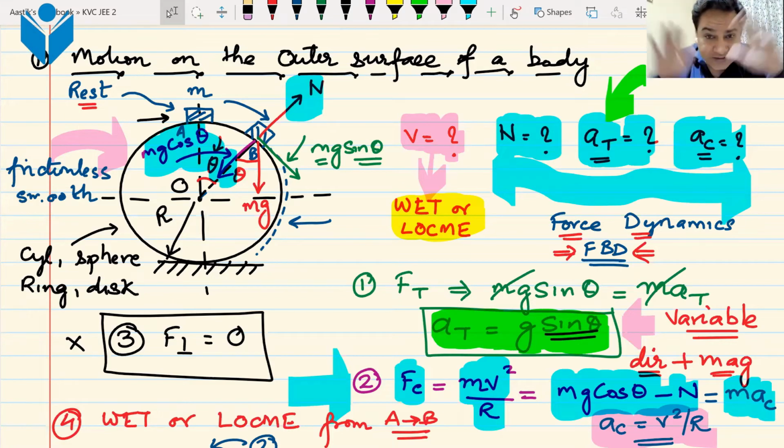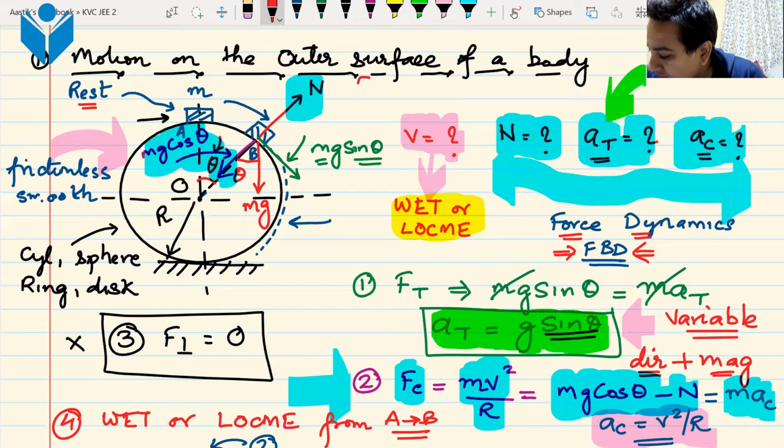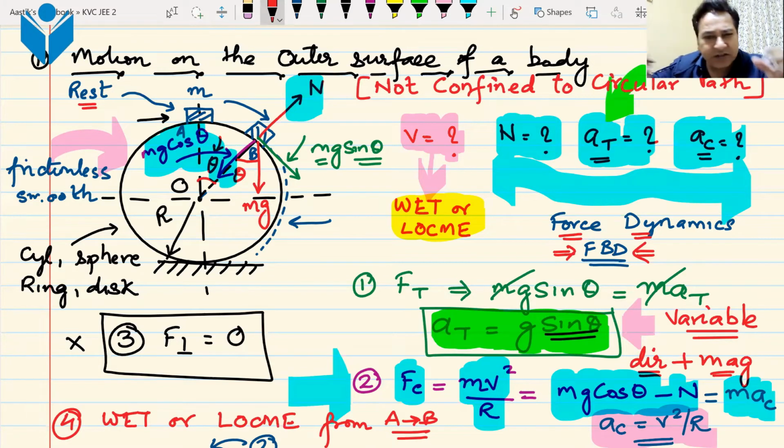So the body is free to leave this circular path. Since the body is free to leave the circular path, I will add one more thing in the heading of this. This is not, and remember, this is plain English, this is not confined to circular path. So basically I am not restricting it to follow a circular path. It is following the circular path because of its own wish.